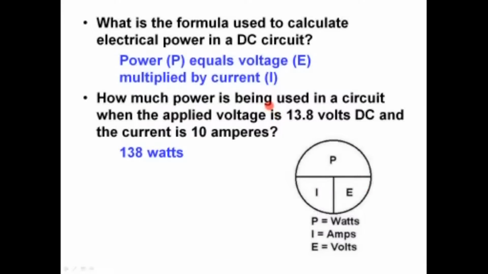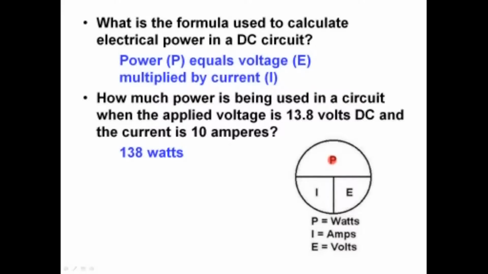How much power is being used in a circuit when the applied voltage is 13.8 volts DC and the current is 10 amperes? Now the way we use this pie chart is we have two things here that we know. We have volts that we know and we have current that we know. So we cover up the one we don't know, and that tells us what to do with the others.